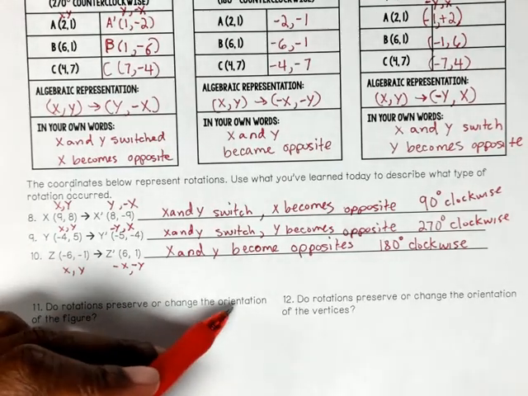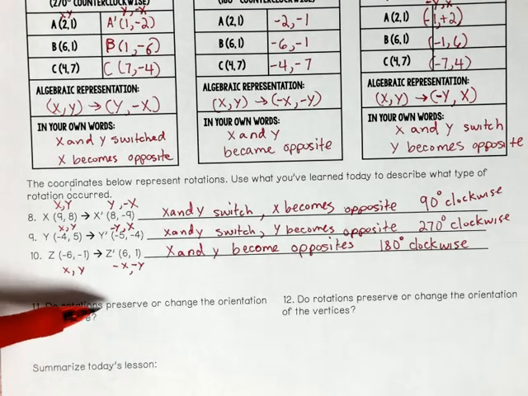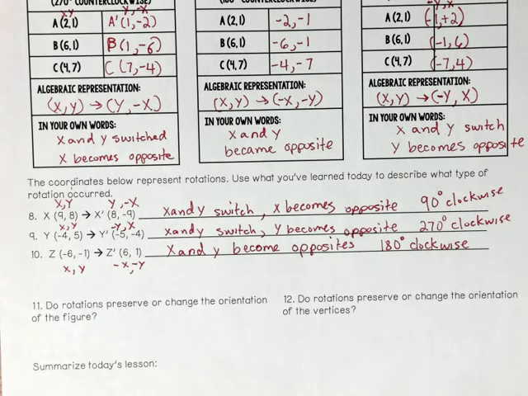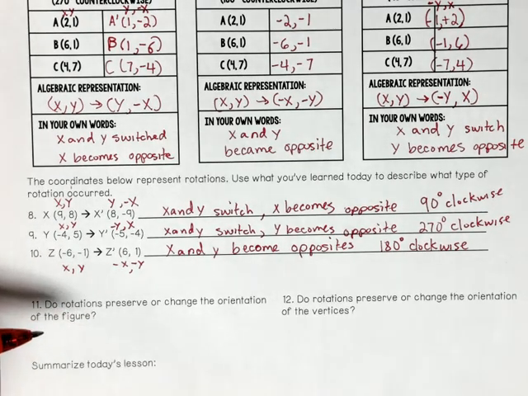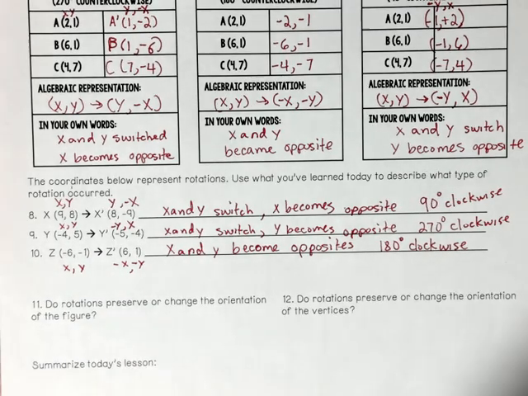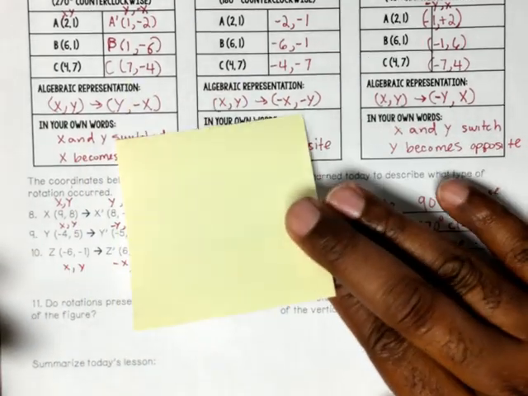So the word orientation just means turning, right? So it says, do the rotations preserve or change the orientation of the figure? What they mean by that is basically, if I have this paper here, does it flip? Does it invert like this?